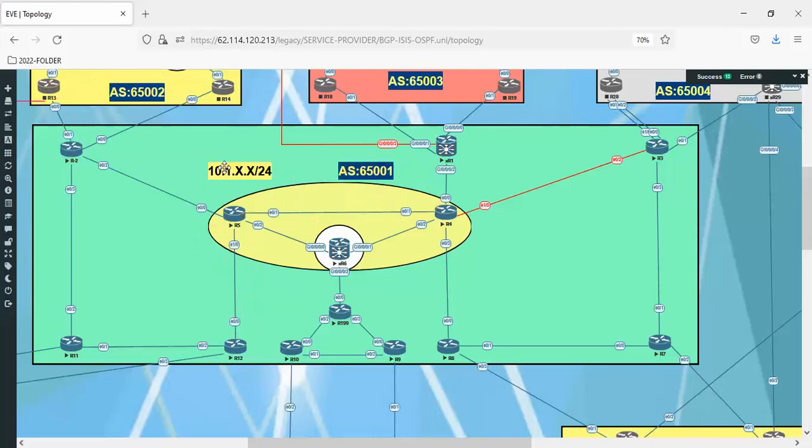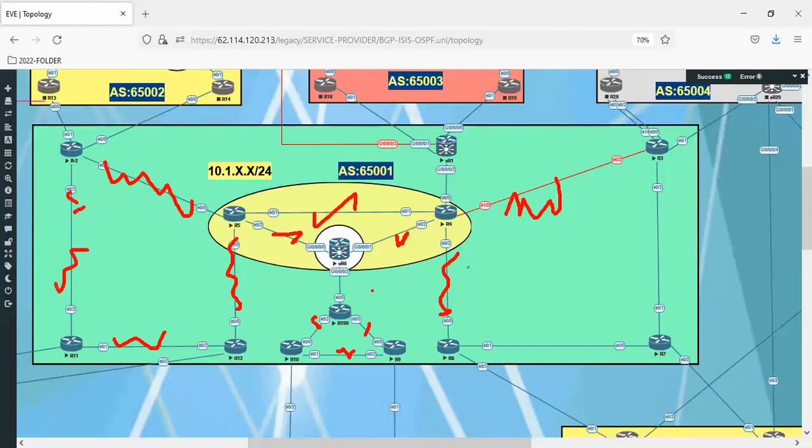So we need to take out, just mark my words, all the transit links from the OSPF topology, from the OSPF database, to reduce the overhead, to reduce the calculation. Okay?